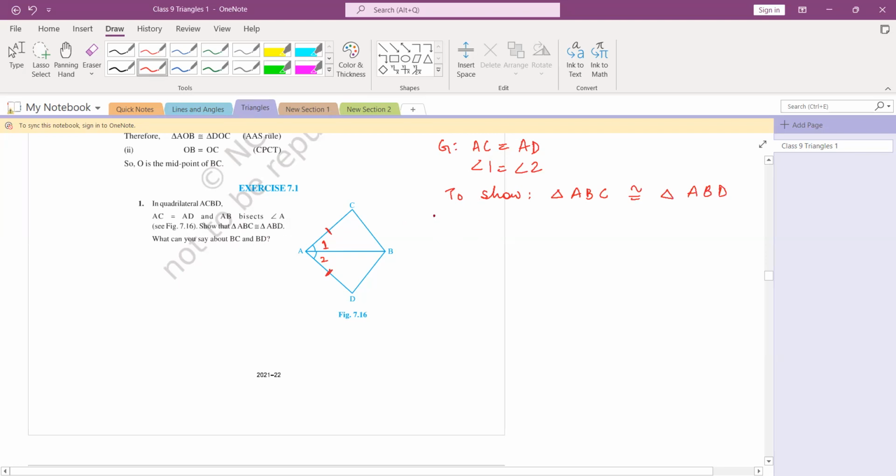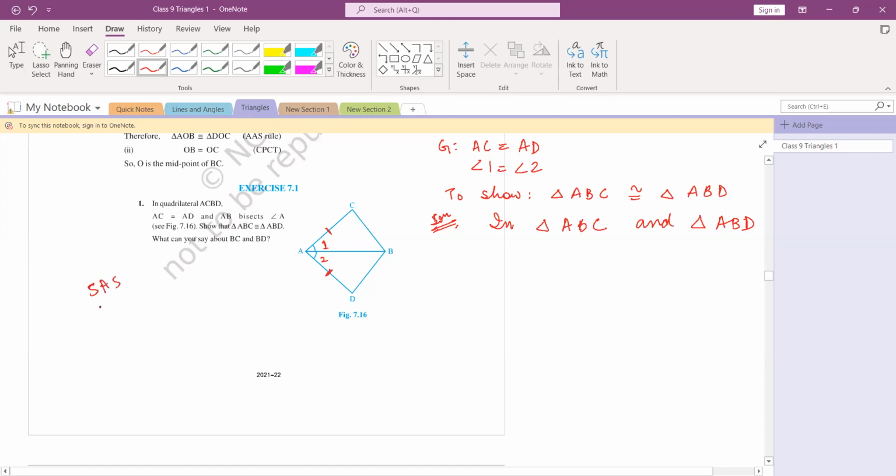So let's start the solution. Whichever triangles you are supposed to prove congruent, you start from those triangles only. So you write: in triangle ABC and triangle ABD. We are using these two triangles. Now we have 5 criteria which I have written. What were they?